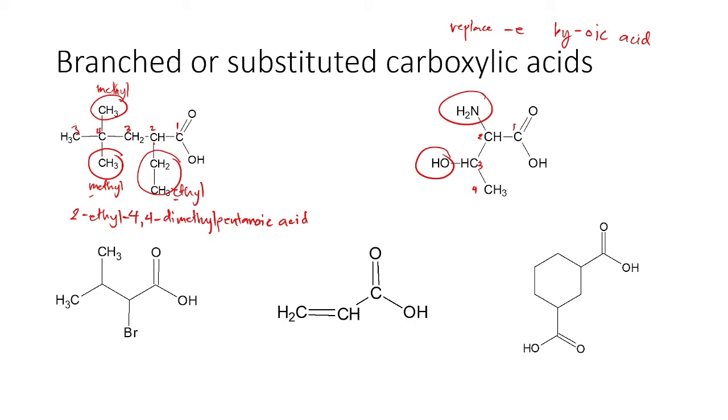Okay, so in here pwede natin gawin ay pangalanan na lang natin to. So mauuna ang amino kesa ang hydroxy, so we will have here 2. Bakit siya 2? Kasi naka-attach siya sa second carbon. Amino, then dash, have here hydroxy.